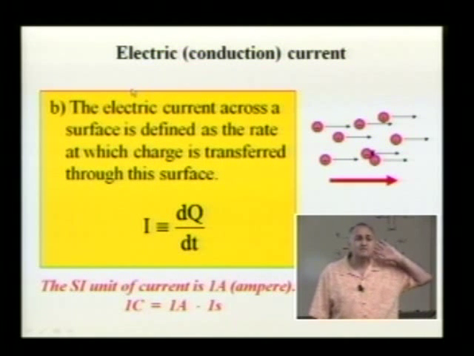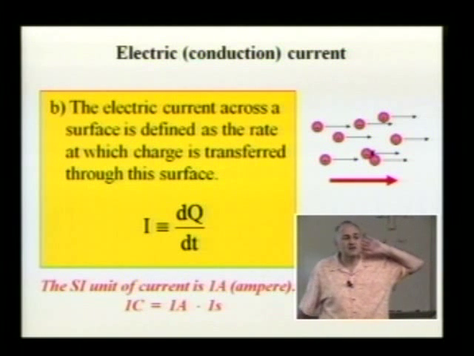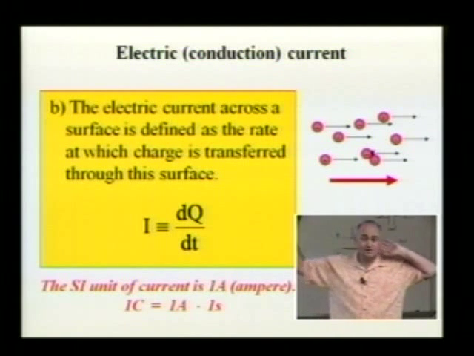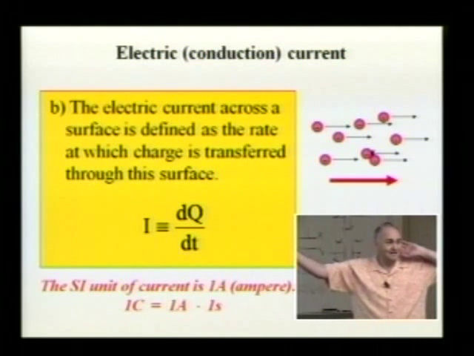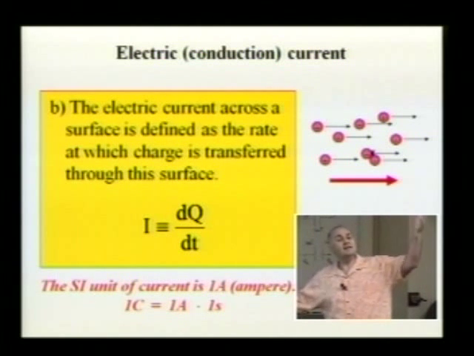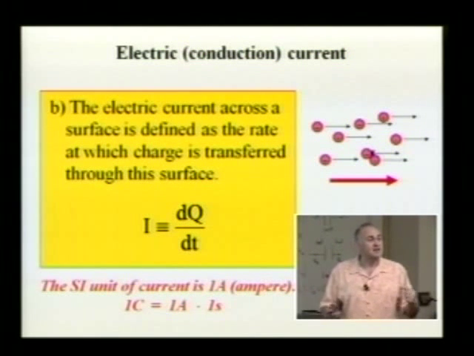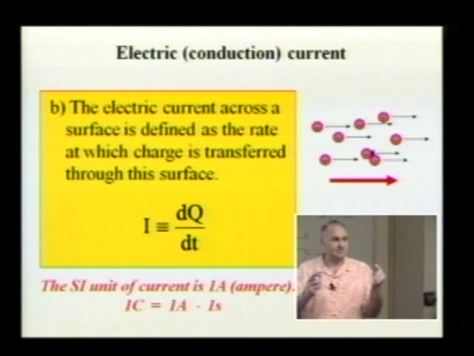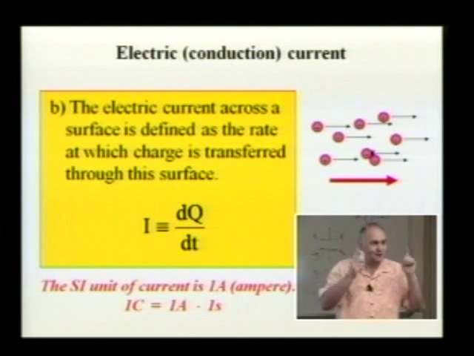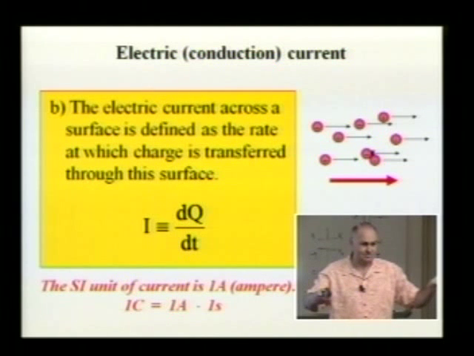But what is the name of the quantity which describes electric current? Read the screen. Electric current. Correct. So electric current, a physical quantity, describes electric current, a phenomenon.